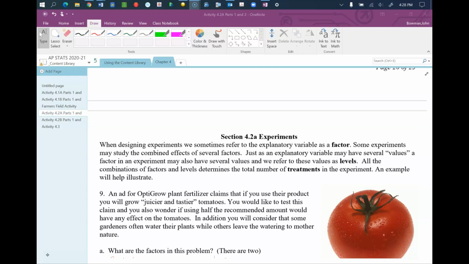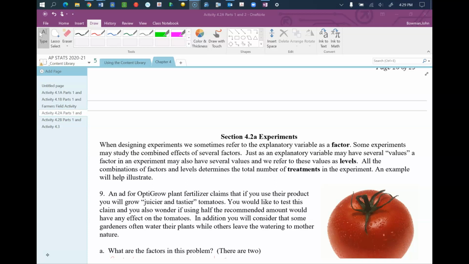And what I'd like to talk about are these vocabulary words: factors, levels, and treatments. And what it comes down to is the following: a factor is synonymous with an explanatory variable. So those two words are interchangeable. The levels are the amounts of each of the factors that you're going to apply in this experiment.